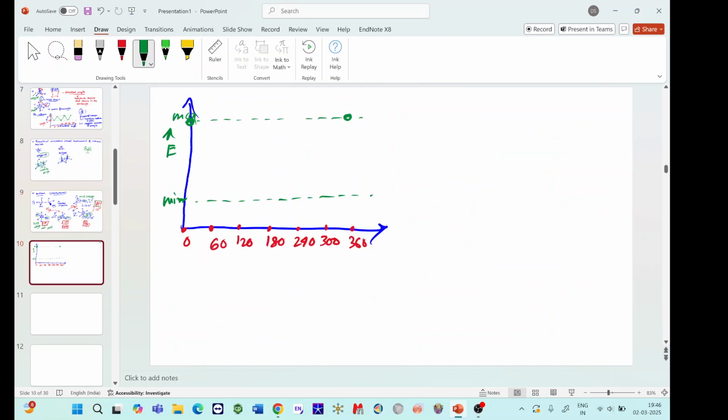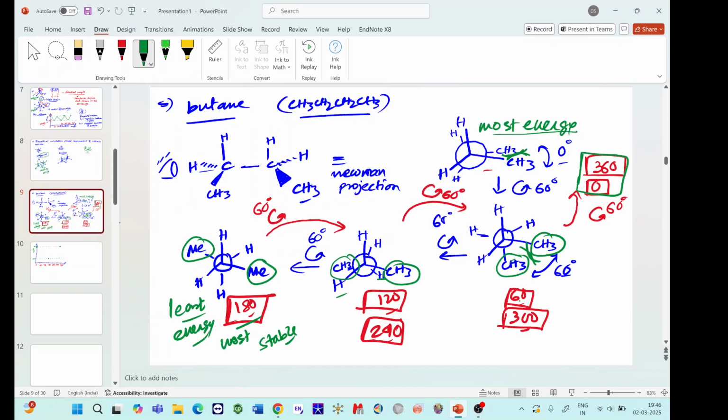Now apart from these three, you can check in this conformation the methyl are far apart, but they are eclipsed with the hydrogen. So there will be some effect of methyl and hydrogen eclipse. Okay, so this one will be more energy than this one, because here you can see all are staggered conformation.